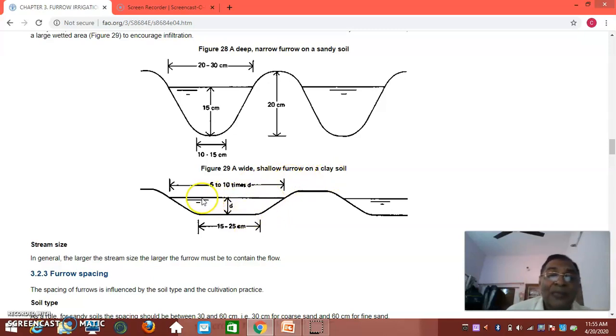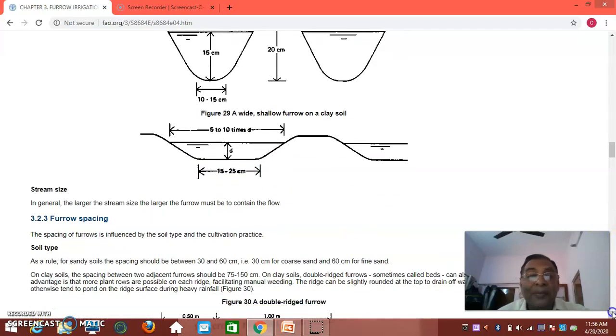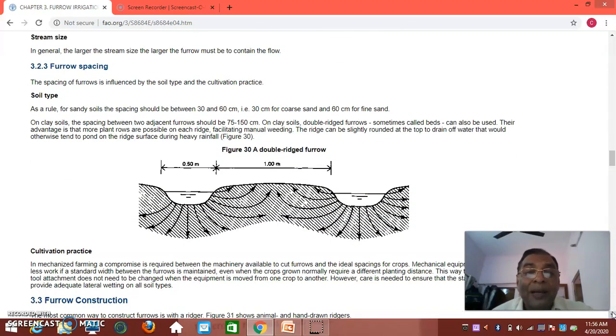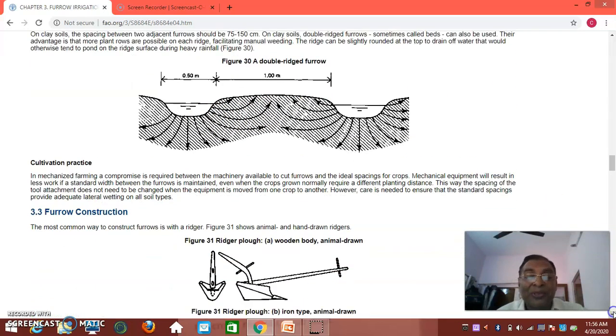Sometimes the base is 15 to 25, but the top is 10 times D. Then this is a double ridged furrow. If the soil is very encouraging, you can have a double ridge. That means by capillary action, the water can reach here.